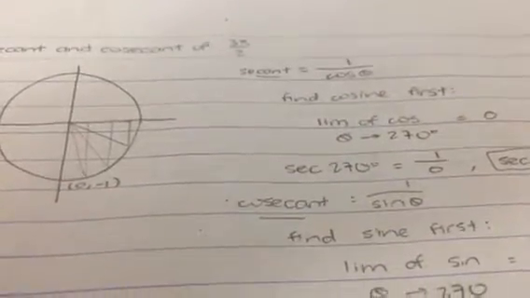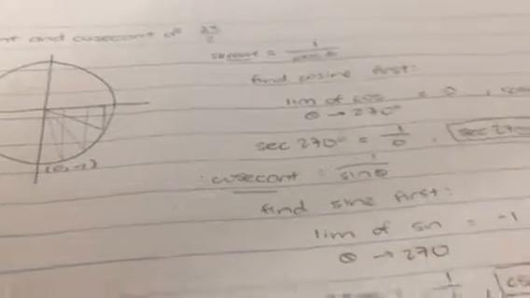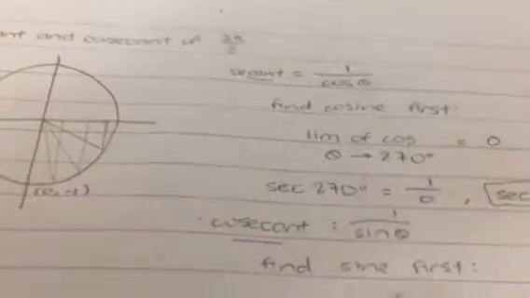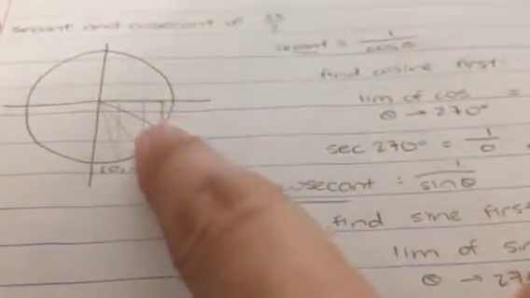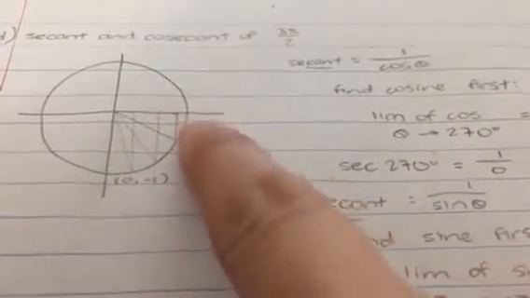So I found cosine first, and the limit of cosine as theta approaches 270 gets closer and closer to 0, because cosine is the x value, and here the x value is 0.